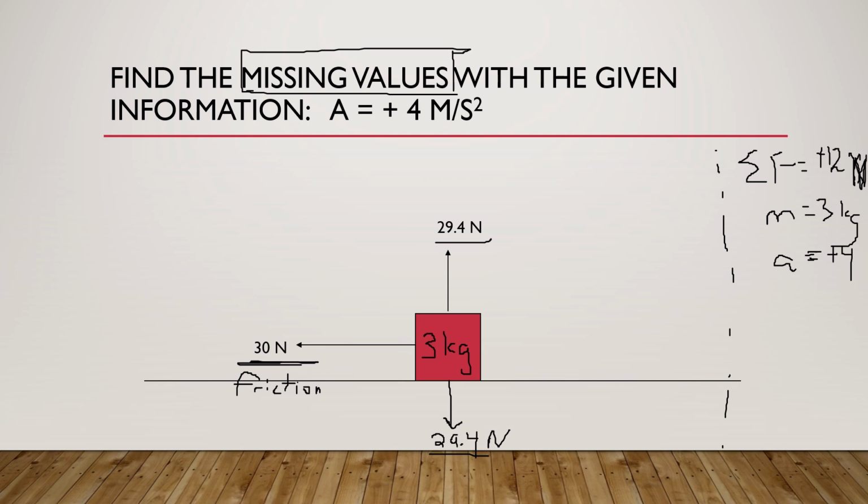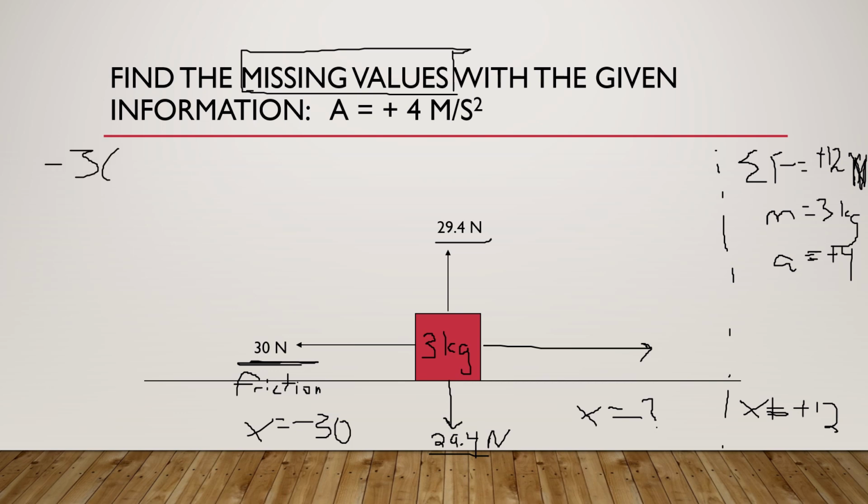All right, so in this case, we're looking for the push. Okay, so let's do it. We got 12. X equals positive 12. X equals, we don't know. X equals negative 30. Awesome. Let's plug it in.